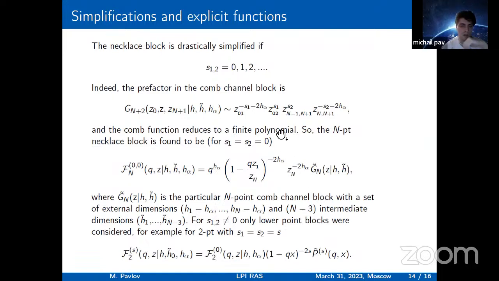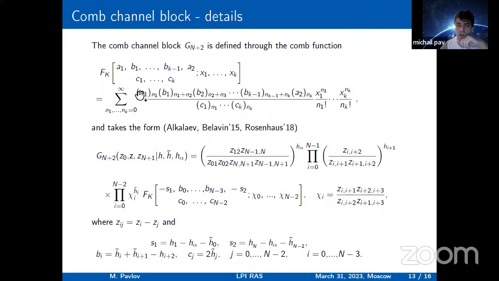Unfortunately, we didn't really find some generalization of this result to integer s, because for integer s we don't have such a simple form of the comp function which led us to simplifications in calculations, but we had quite a simple form.